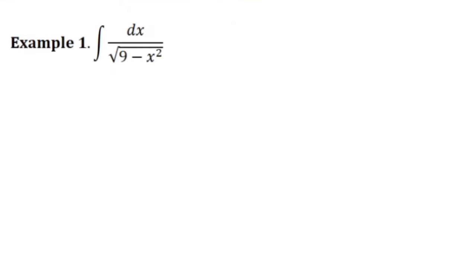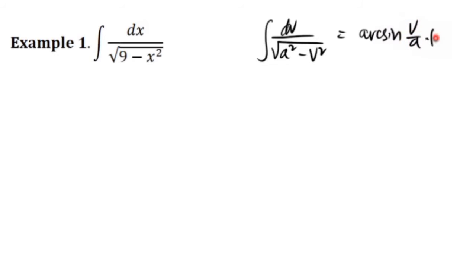We have the integral of dx over the square root of 9 minus x squared. So, from our formula, we have the integral of dv over the square root of a squared minus v squared. This is equal to arcsine of v over a plus c. So, i-rewrite muna natin yung equation natin para makita natin siya sa ganitong form.